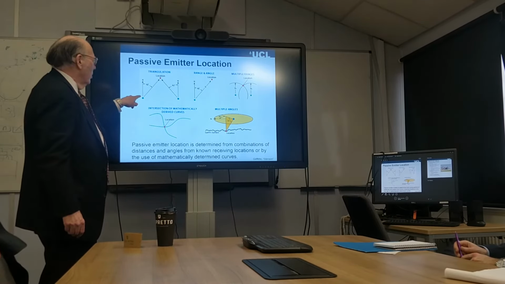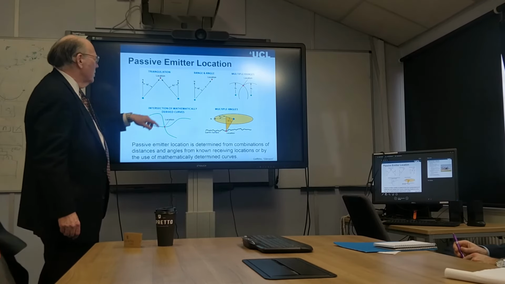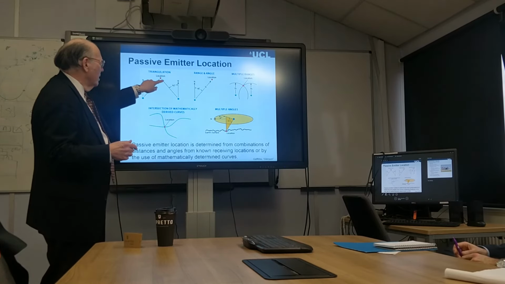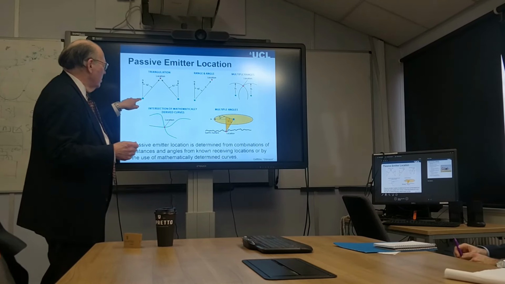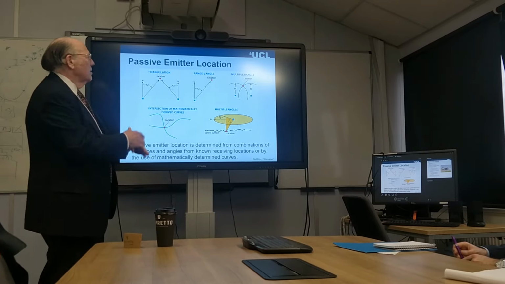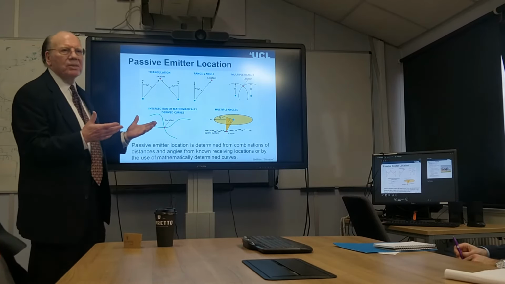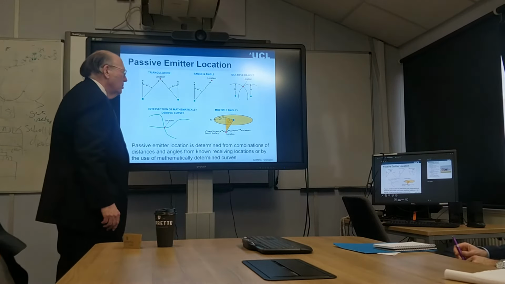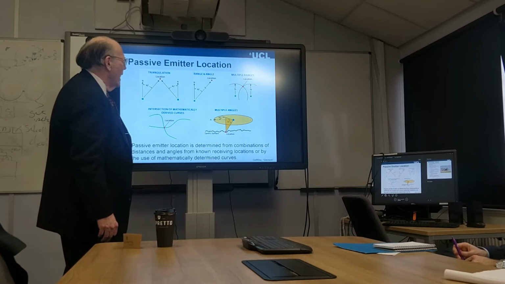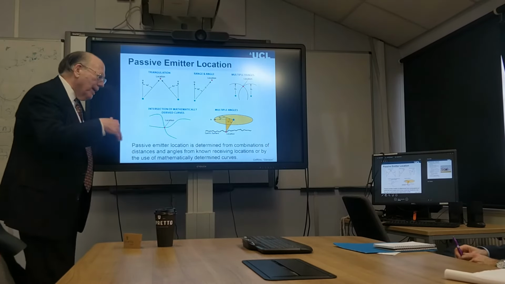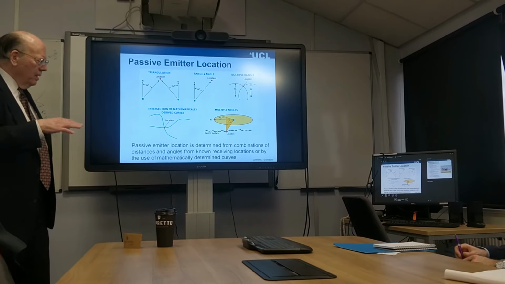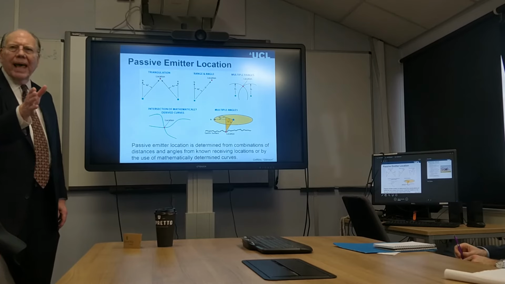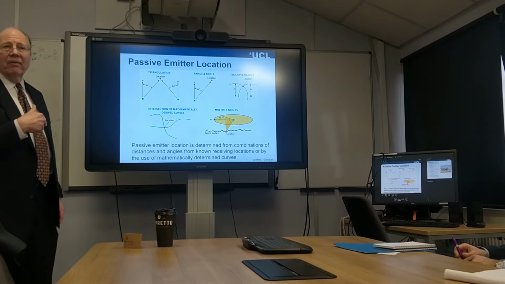Triangulation, where you have, let's say, 2 different receivers doing direction finding on a certain signal, and where the bearings intersect is the best estimate of where the signal is. We can also use range and angle. One kind of antenna is a rotating antenna, which gives you a strong return when it's pointed at the signal and not a very strong return when it's not.